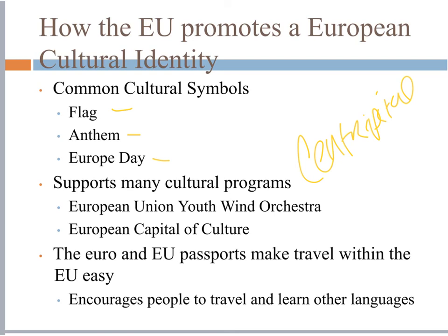They also go through and they support cultural programs like the European Union Wind Orchestra and the European Capital of Culture. Now on the right-hand side of the arrow, you should be writing, the Euro and the EU passports make travel within the EU easy. It encourages people to travel and learn other languages.